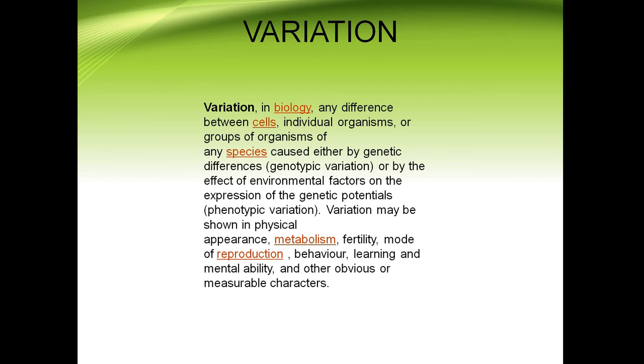As you can see, no two organisms will be exactly similar. Just now I said the example that human beings have different colored eyes. The differences in the colored eyes in humans are an example of variation.